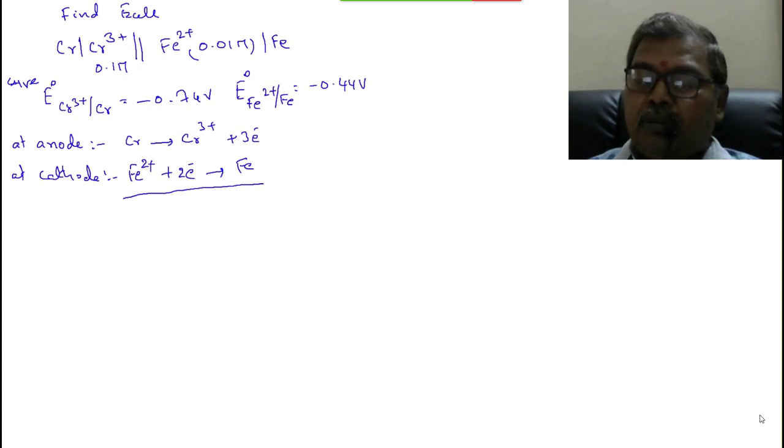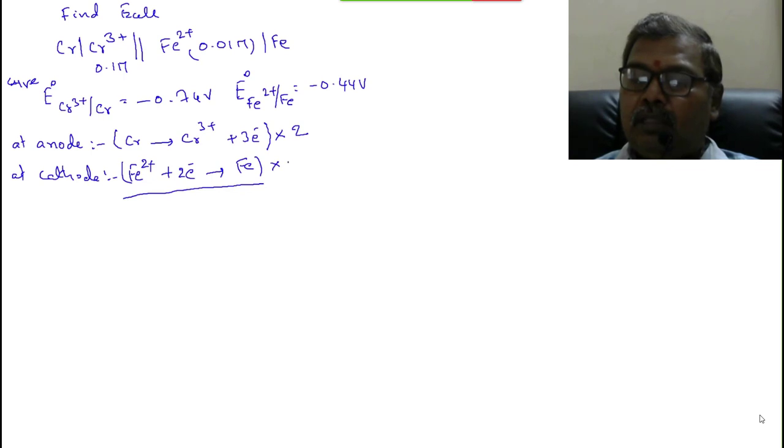Next step, you must check the number of electrons involved in both half reactions. At the anode 3 electrons are involved, at the cathode 2 electrons are involved. You have to equalize the number of electrons in both half reactions. To equalize, multiply the first equation with 2 and multiply the second equation with 3.